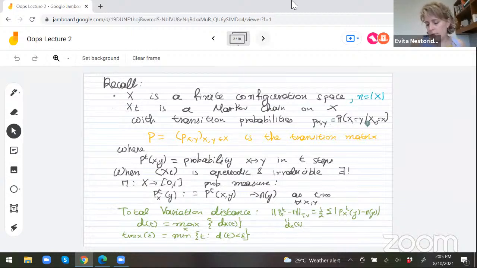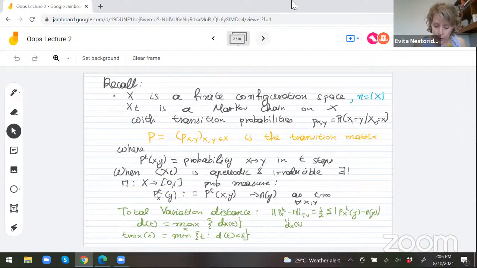This means, if at time 0 we are at x, we land at y after one step with probability p(x,y). We collect this information in one matrix, which we call the transition matrix. And the main property, basically the definition of this matrix, is that the xy entry of the t-th power gives us the probability of moving from x to y after t steps.